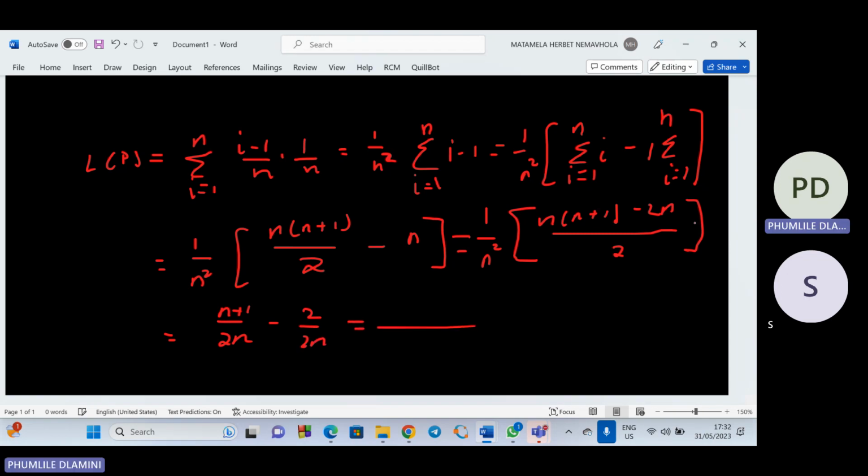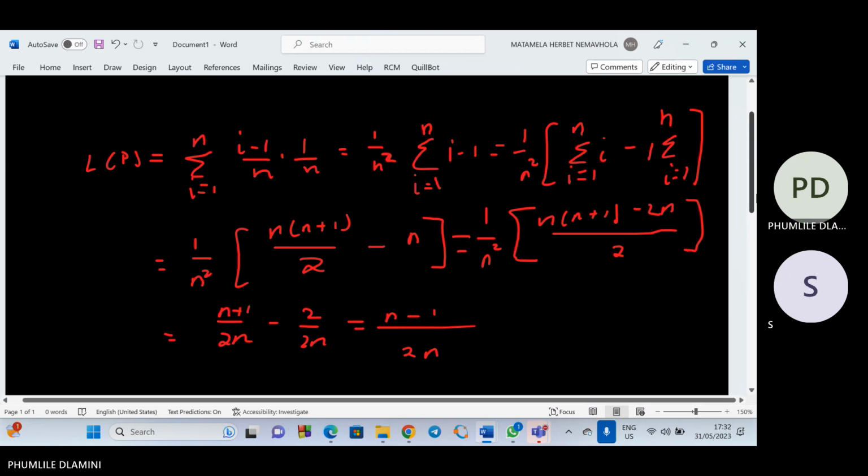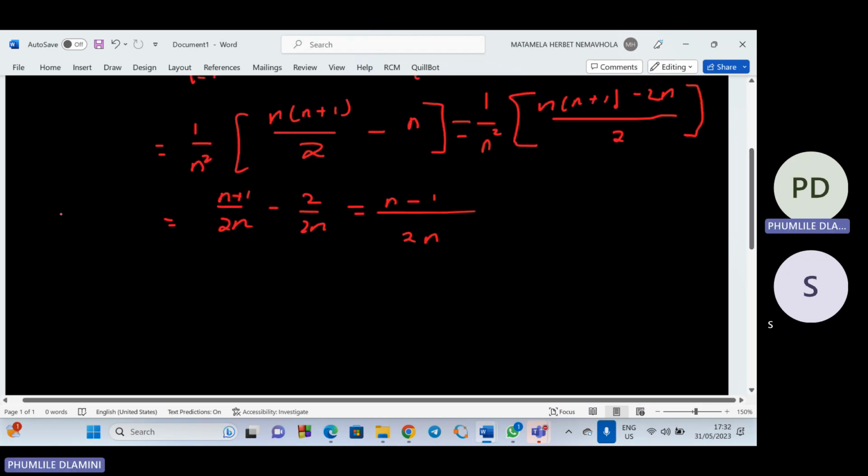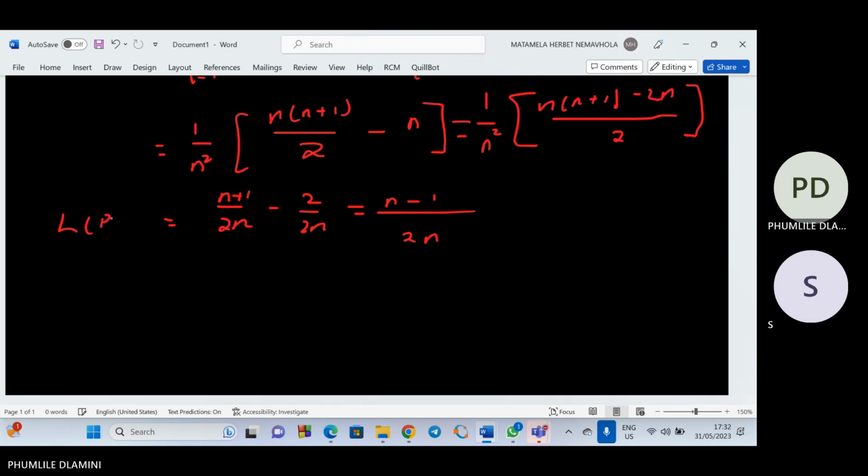So this one, I was just trying to simplify it so that I may not do wrong calculations. Then this 2n here, you will see that n plus 1 minus 2 is going to be n minus 1, if you do your calculation properly. So now we have found that our L of P equals n minus 1 over 2n.